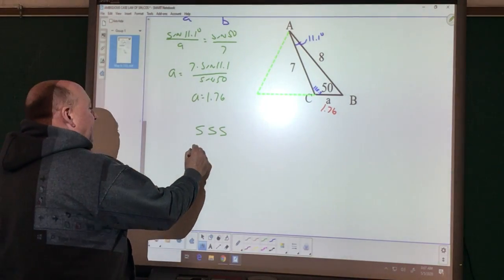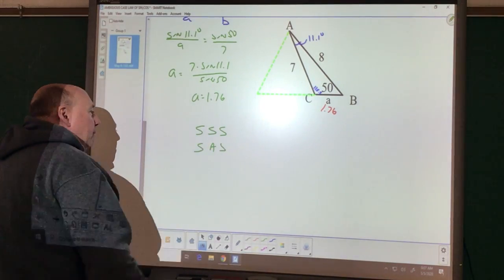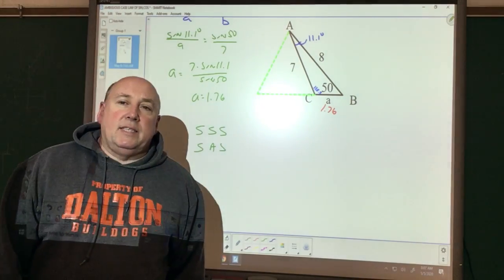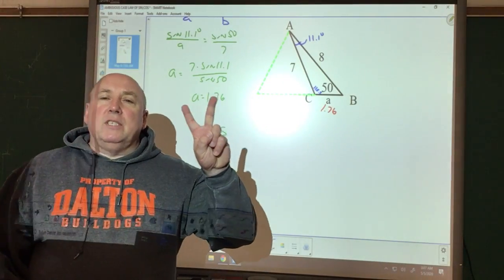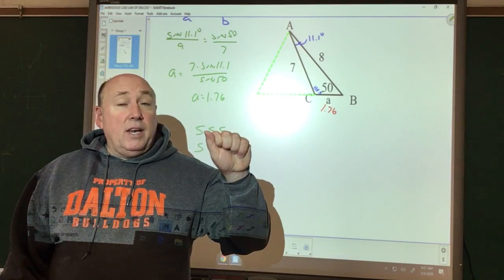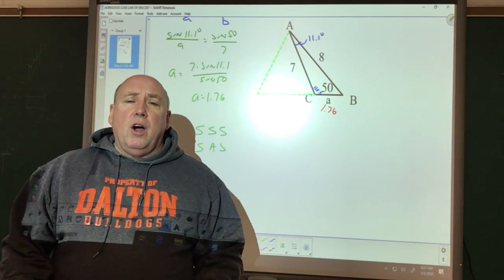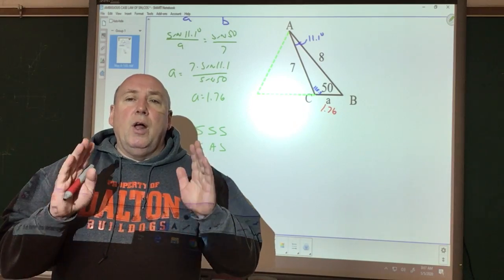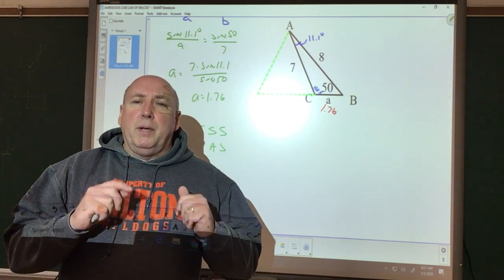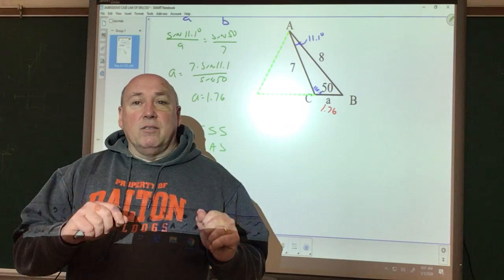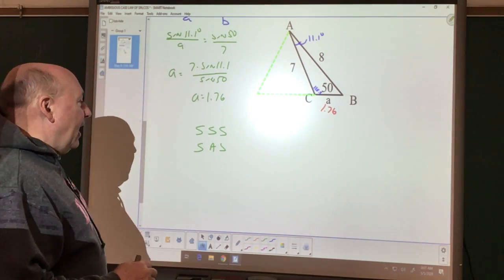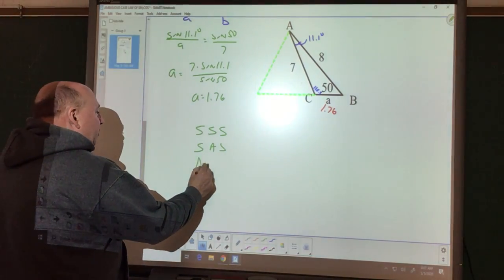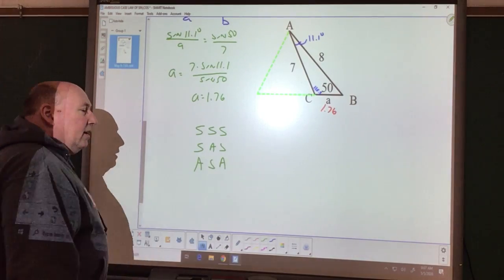Then you proved a side angle side postulate that said if two sides and the included angle of one triangle are congruent to two sides and the included angle of a second triangle, the two triangles will be congruent by side angle side.